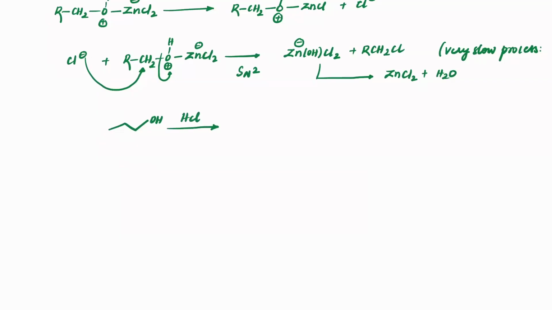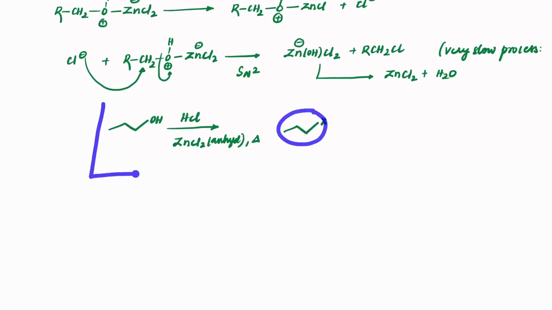That is HCl with ZnCl2 anhydrous. If this is given, heat is also mentioned just to get this X. Now, the problem is this alkyl halide, which is present in a large quantity of alcohol, will appear as white turbidity. So it will be a white turbid formation.